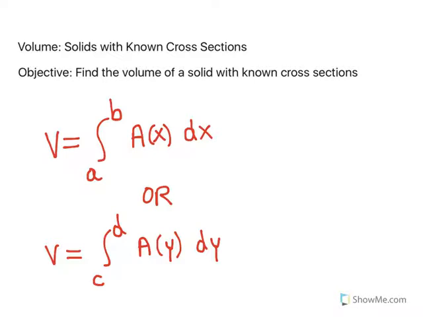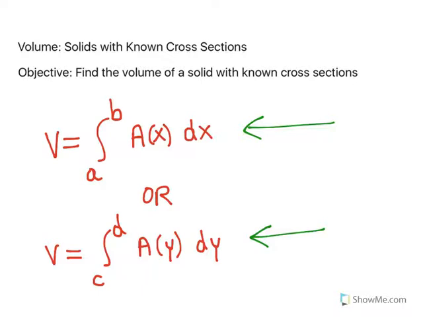So in this lesson we looked at how to find the volume of a solid with known cross-sections. And for the example that we looked at, we used this particular integration formula. Why? Because we had cross-sections that were perpendicular to the x-axis. Now if you have a different example where you have cross-sections that are perpendicular to the y-axis, you would integrate with respect to y.